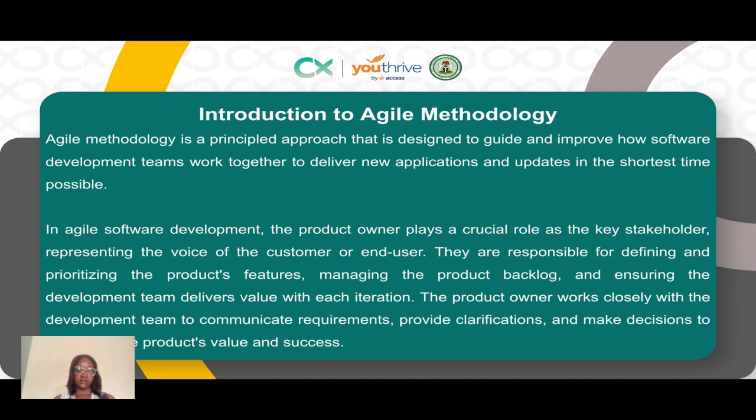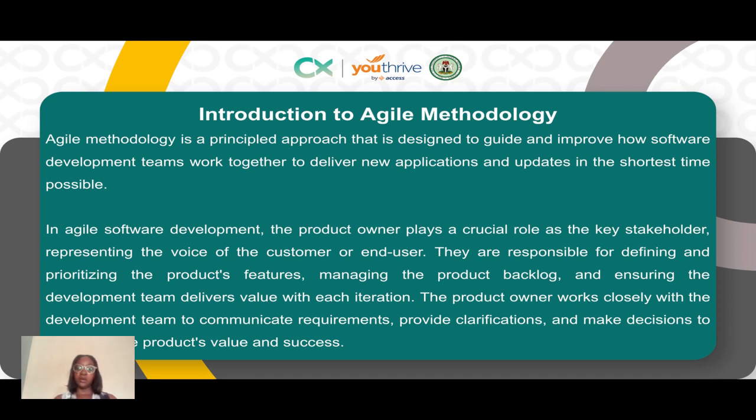In agile software development, the product owner plays a crucial role as the key stakeholder. So the product manager in a traditional product management environment is the product owner in agile software development. And so they essentially play the same role in the sense that they represent the voice of the customer and are responsible for defining and prioritizing the product features, managing the product backlog, and ensuring the product team delivers value with each iteration.